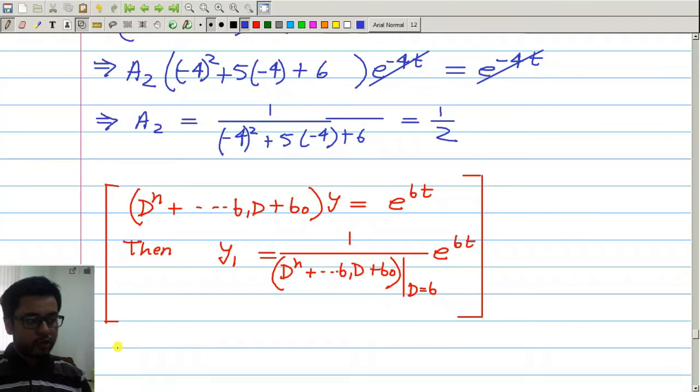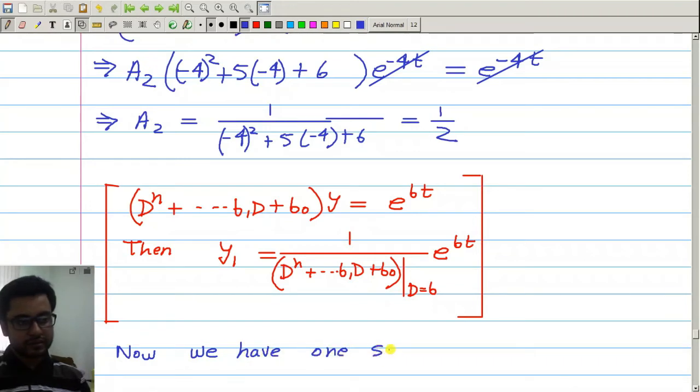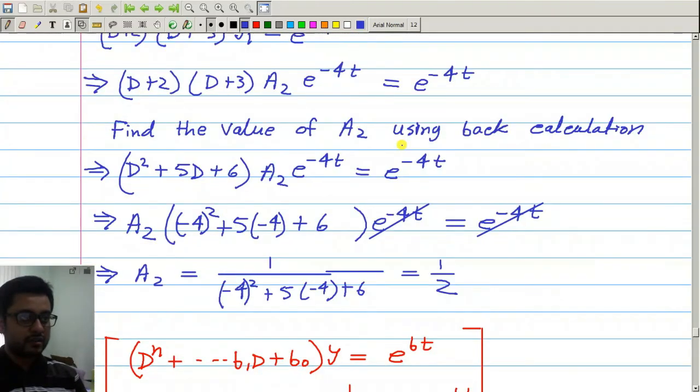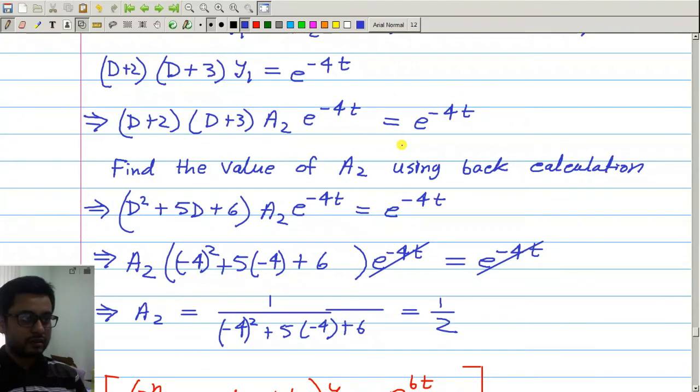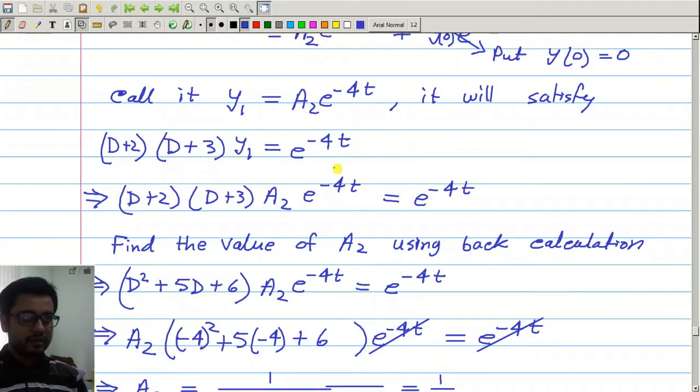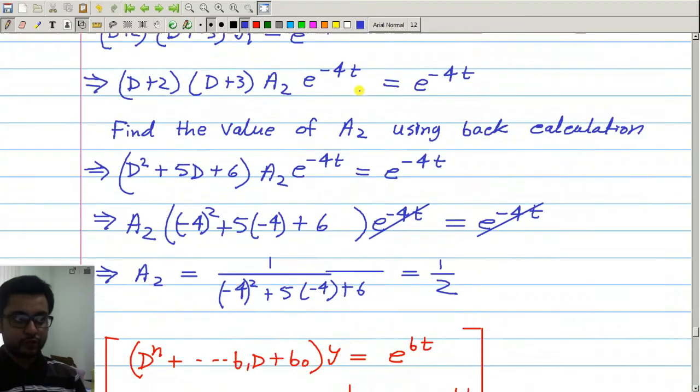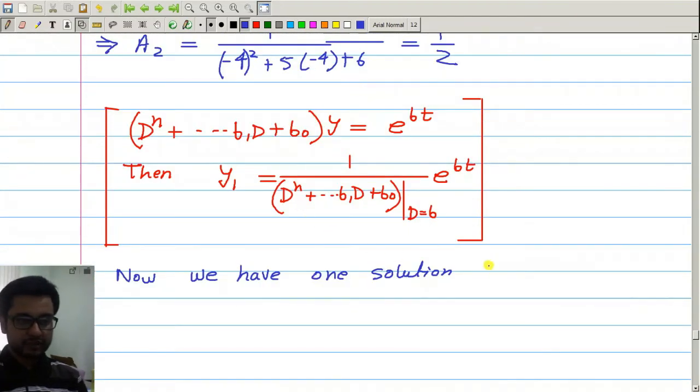So now we have one solution which is like this, A2 e to the power minus 4t, and A2 is half.